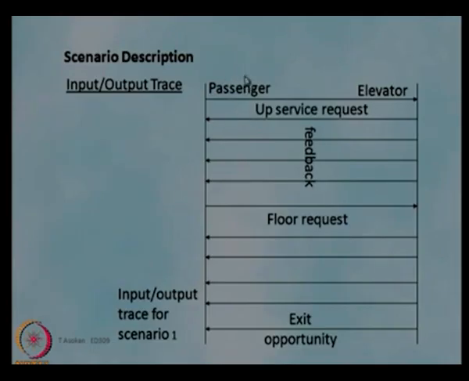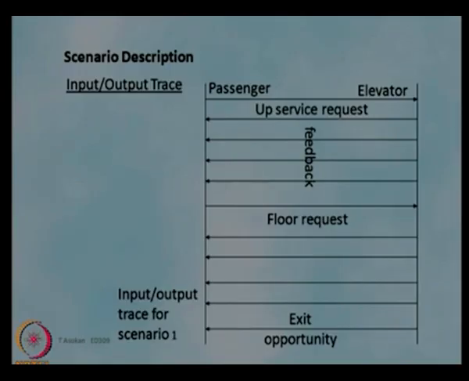Here the passenger is an external system and the elevator is the main system which we are interested in. So, we can identify what requests are going from the passenger, what kind of feedback is coming back to the passenger, and then what information is being sent from the passenger to the elevator based on the feedback given by the elevator. All this can be represented in a pictorial way, so that it is easy to understand for others, especially the design engineers.